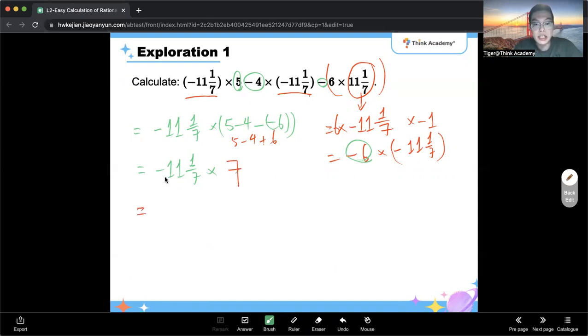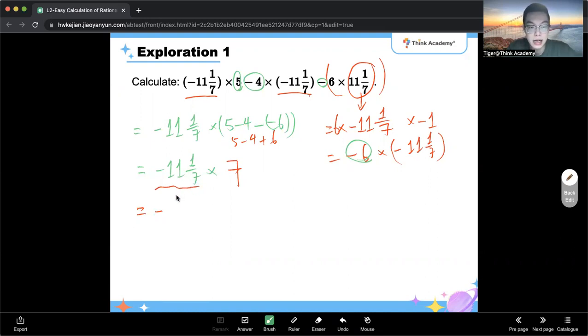So now we can just try to turn this mixed number into an improper fraction, which I have minus going first, and then I'm just turning 11 and a seventh into an improper fraction, which 11 times 7 is 77.